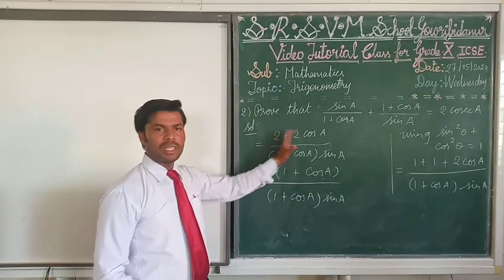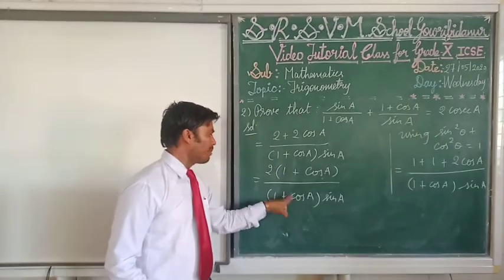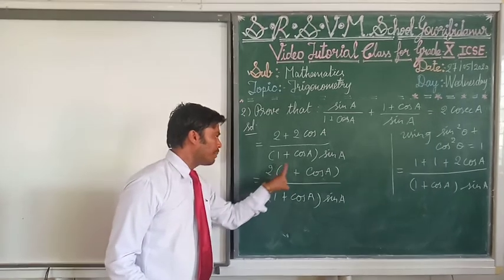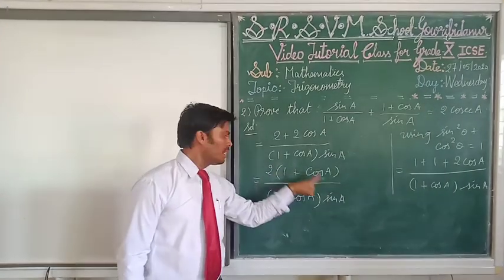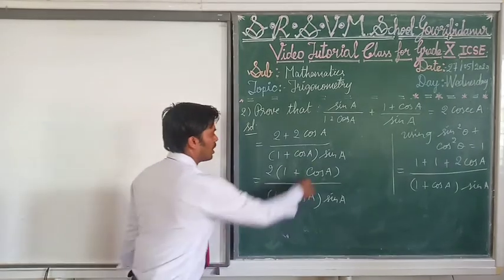Here see, 2 is common, taken outside. Here 1 plus cos A is in the numerator and here also in the denominator, so we can cancel this.